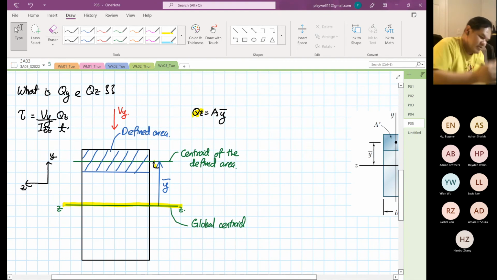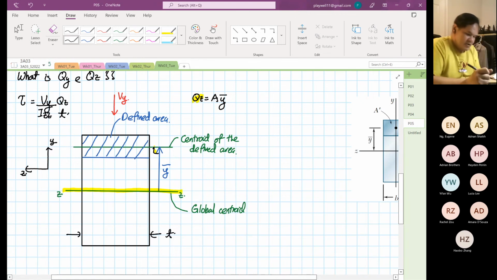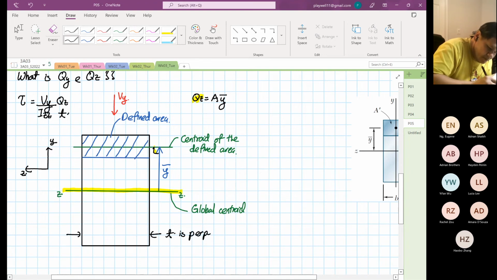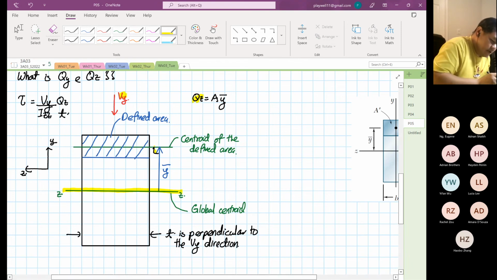Next, what do we mean by thickness? This over here is T. T is perpendicular to the Vy direction. Relative to Vy, if Vy is a direction, thickness is perpendicular to the Vy direction.